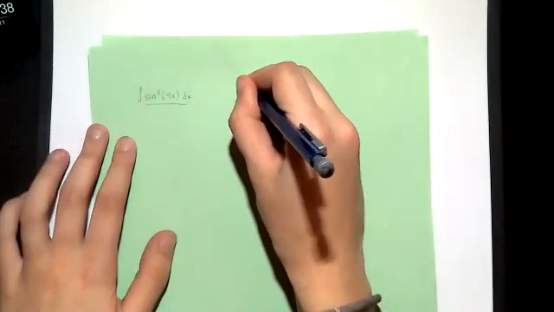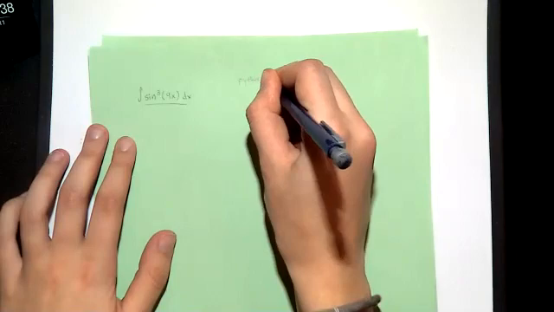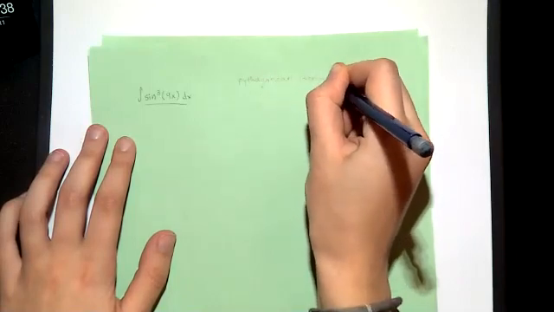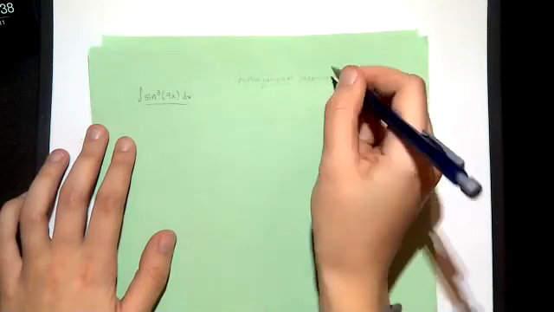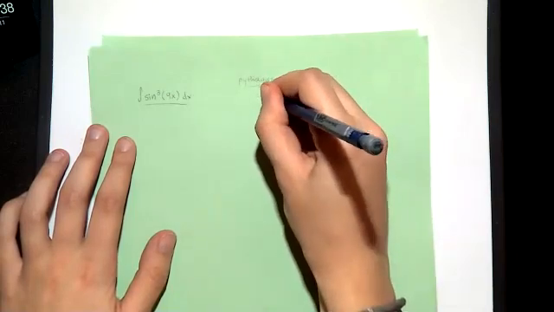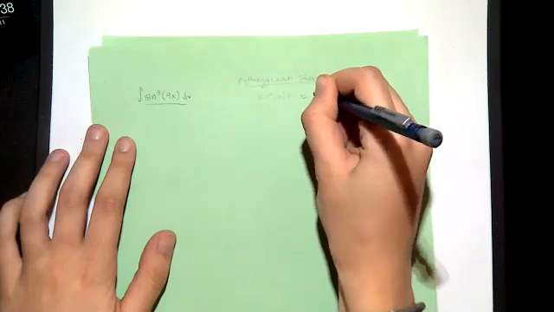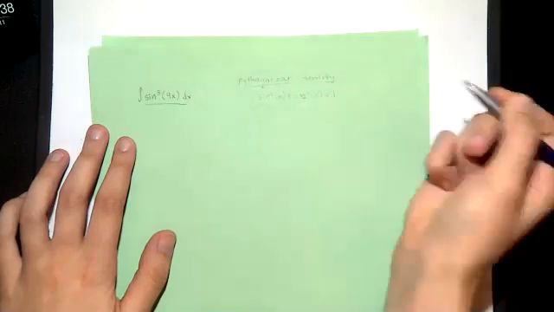By Pythagorean identity, I generally mean that sine squared of x plus cosine squared of x is equal to 1.